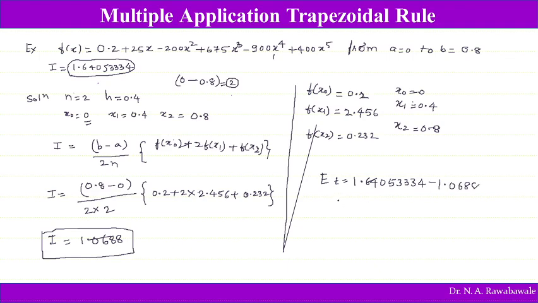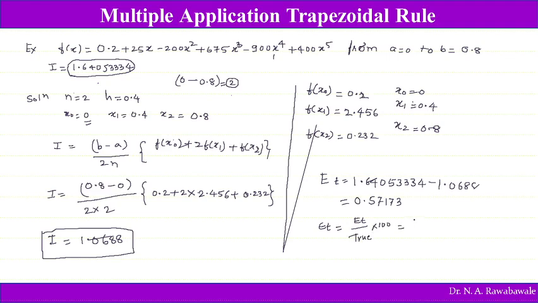So this true error becomes 0.5717. The percentage true error becomes this true error divided by the true value, times 100.